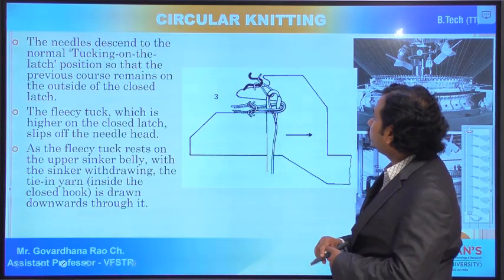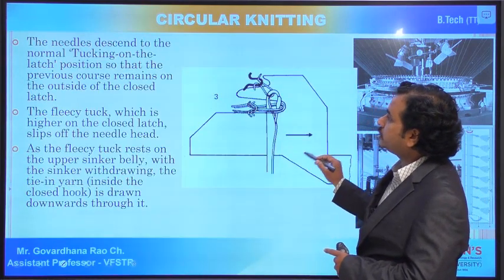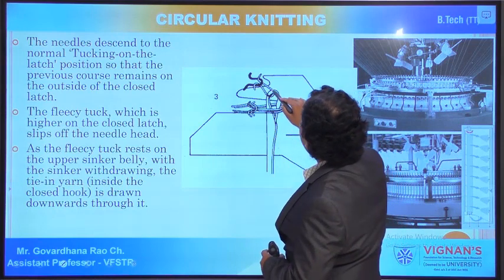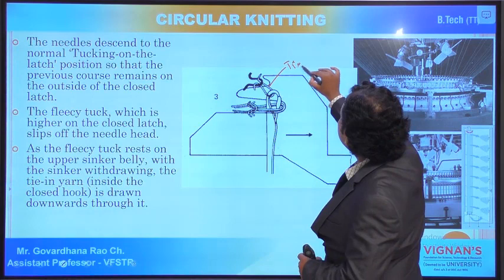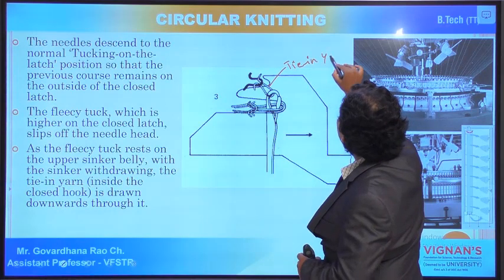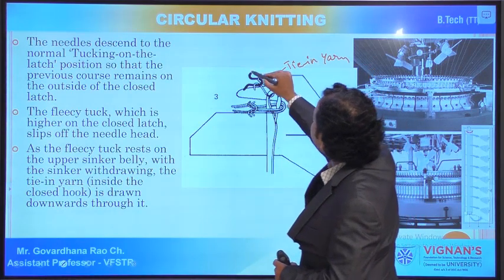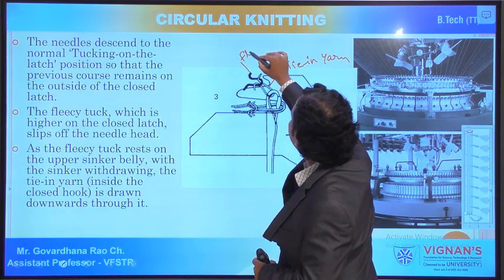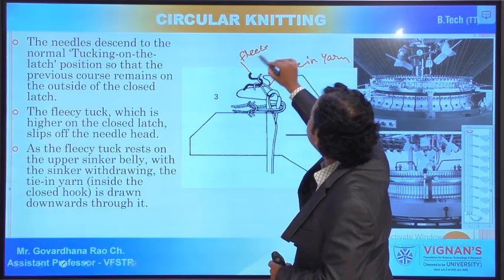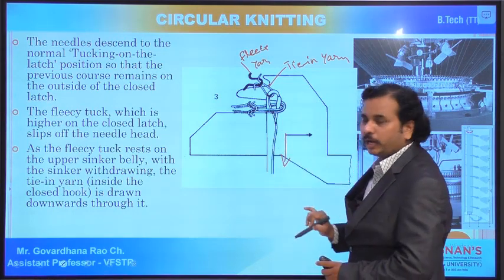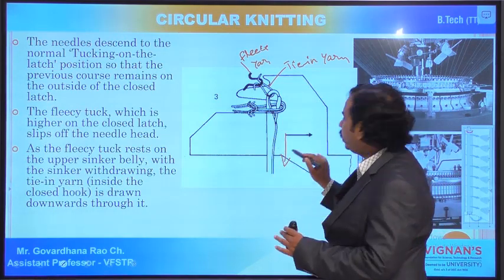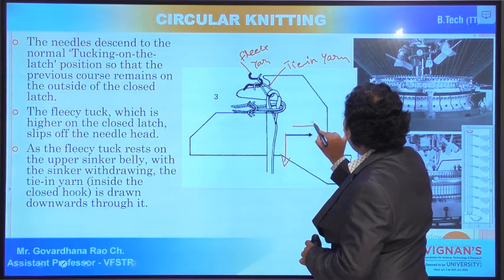Then in the third step, what is happening? After feeding, this is the tie-in yarn, and this is your fleece yarn. Now the needle is lowering down and the sinker is moving backward.